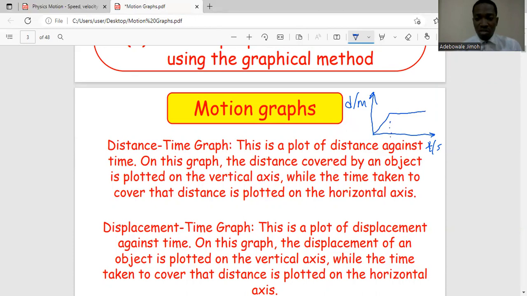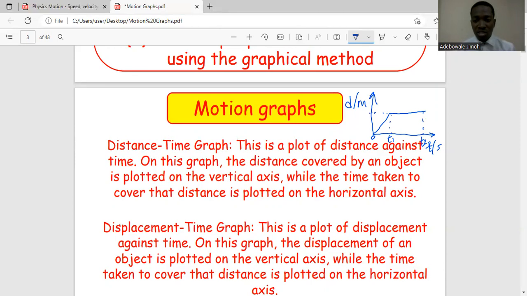If you look at this graph now, you can see that from 0 to, let's call this T1, the distance is increasing. Then from T1 up to the point T2, the distance is not increasing.